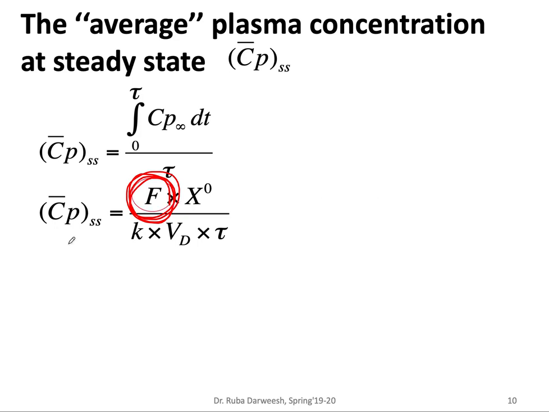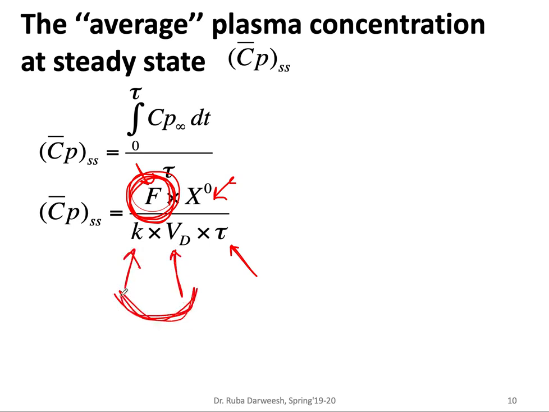Again, average steady state concentration will depend on the bioavailability, the dose of the drug, tau, which is the dosing interval, volume of distribution, and K, or the total or systemic clearance.